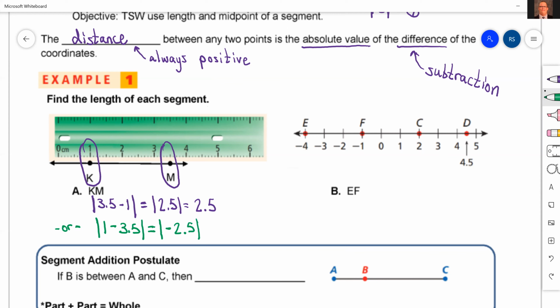But if you take the absolute value of negative 2.5, you'll still end up with 2.5. So it doesn't matter which one you begin with, you'll still end up with the same answer. Either way, 2.5 is your answer.